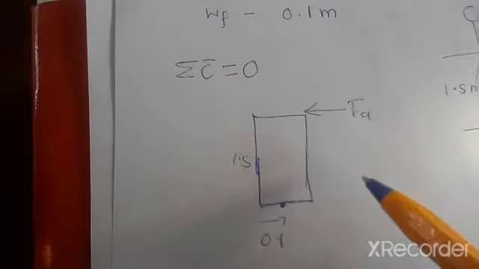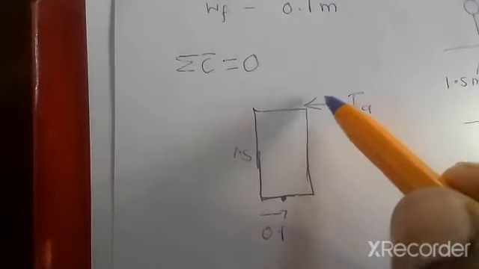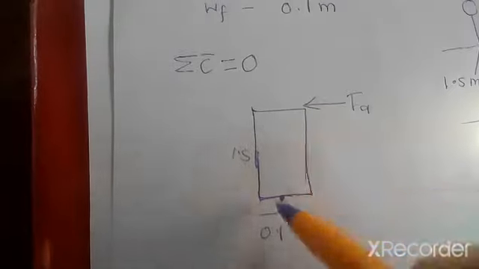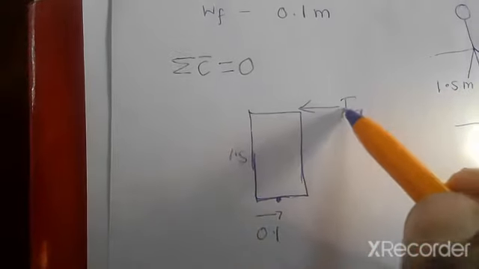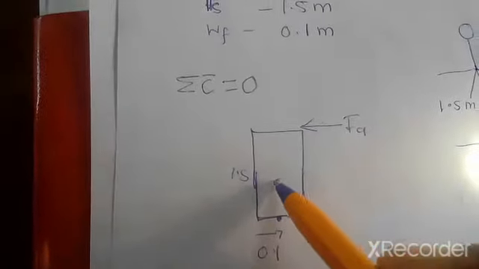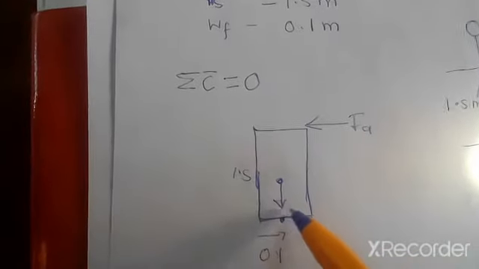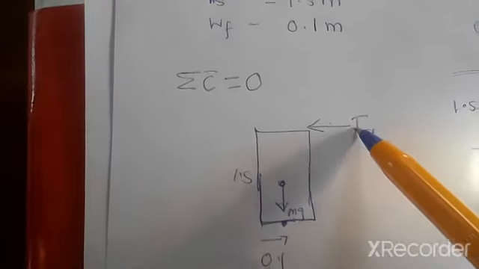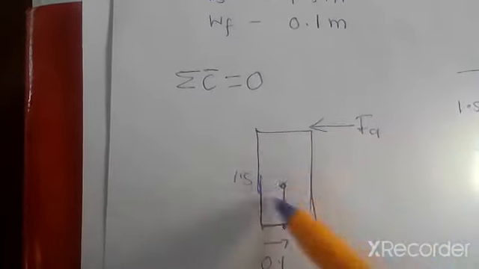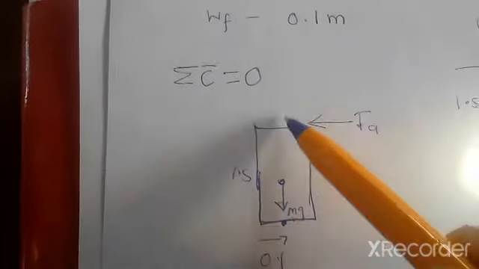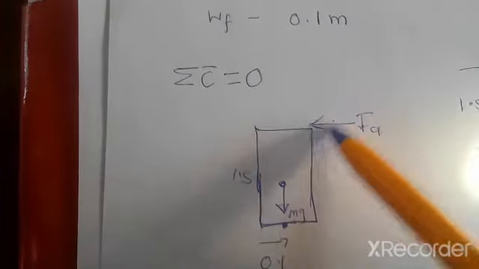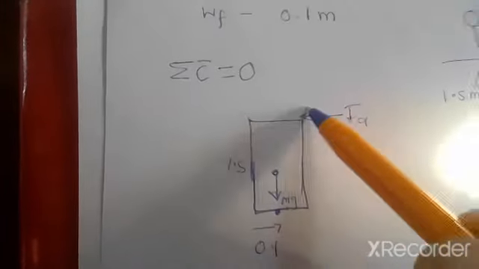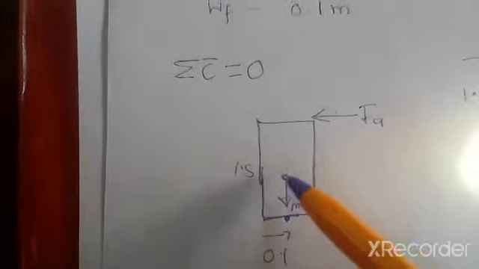Now we want to find out this Fa. If this object is in equilibrium, of course, we have got the force here, which is acting downwards. This is mg. If this force is going to make this object topple, meaning the torque of this force has to be equal to the torque of this force.